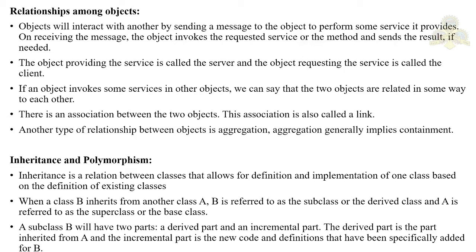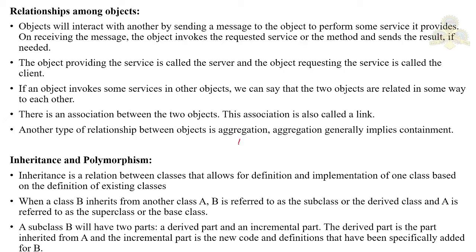Now let's see inheritance and polymorphism. Inheritance is a relationship between your classes. Whenever you have this type of relationship, one class can inherit the properties of another class.